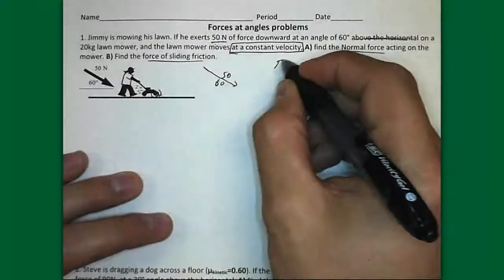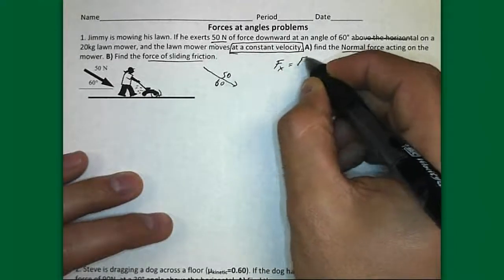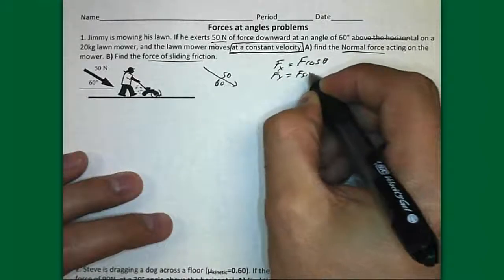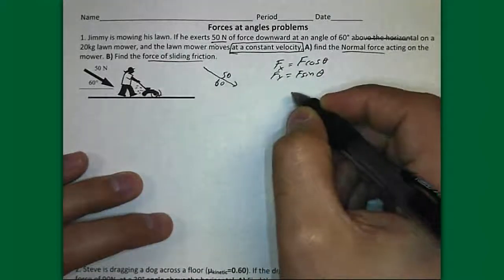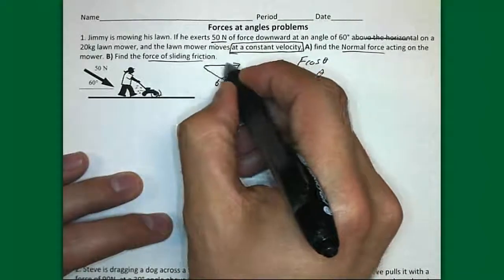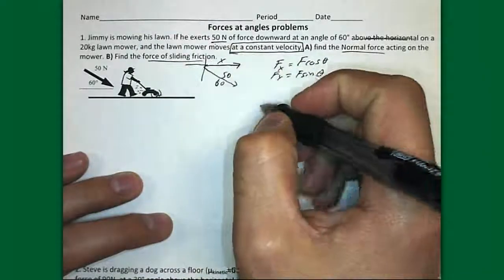If we're going to use our shortcuts where we do F cosine theta and F sine theta, the only way to do that is to put the x component on the x-axis. Okay, so this is our axis that we can imagine.